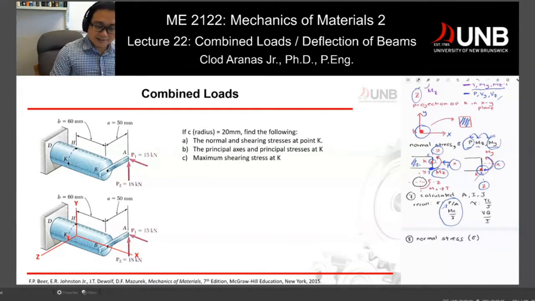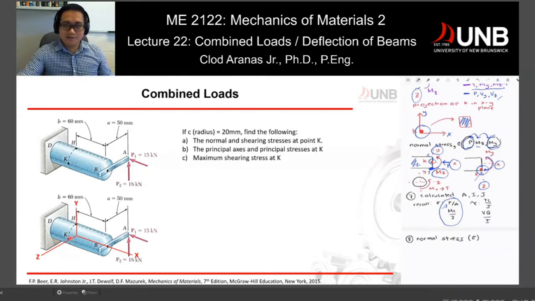Which means that your P and M sub Y have an effect in point K. But whatever number you have for M sub Z, it doesn't have an effect because your point is at the center. It doesn't give you a normal stress.